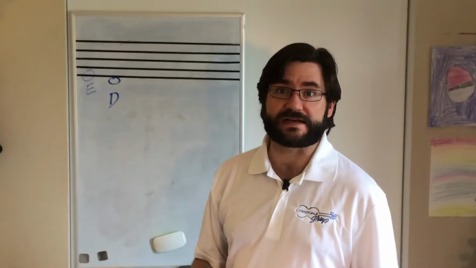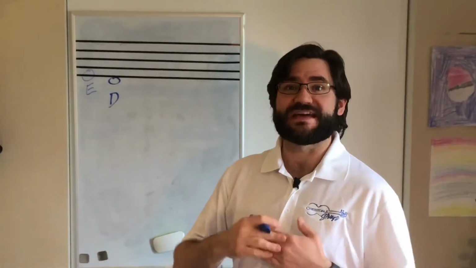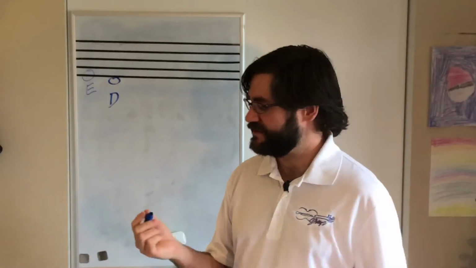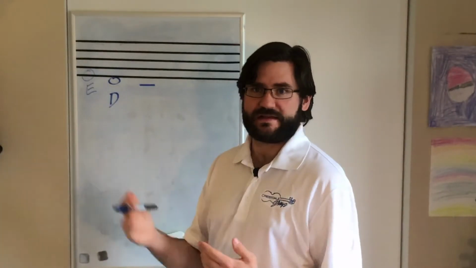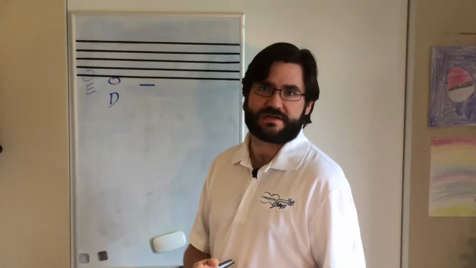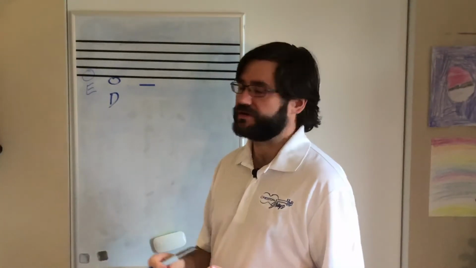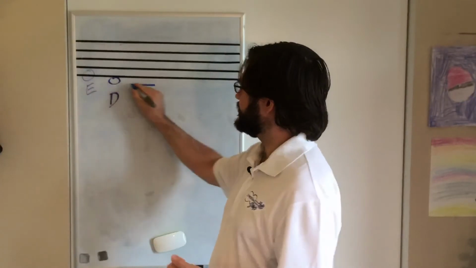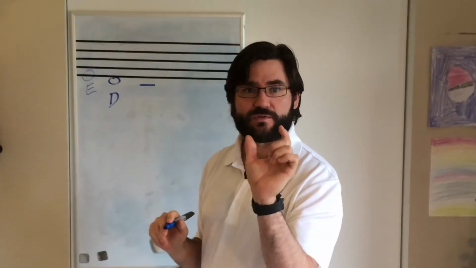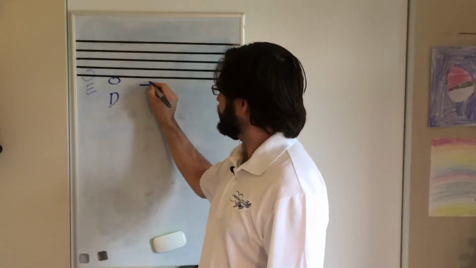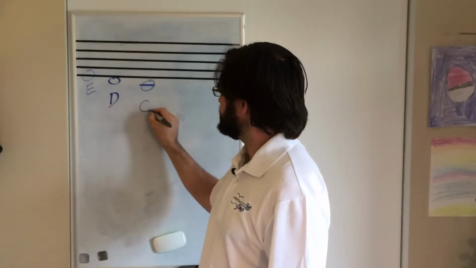What do we do next? We have to expand the staff. We use lines called ledger lines. These lines are extras on the staff so that you know where the notes are. They do not extend the entire way across. They're just for that single note. So here would be C.